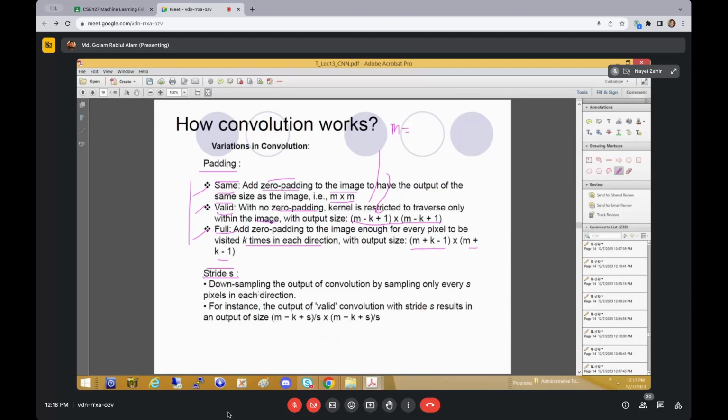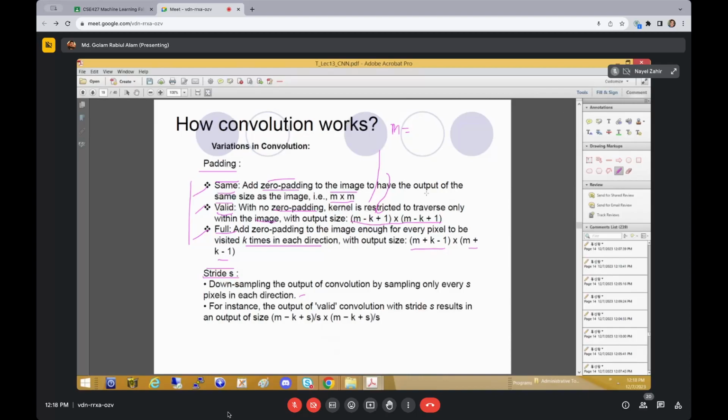The stride is downsampling of the output convolution by sampling only every s pixels in each direction. If we consider a different stride, like stride 2, that means it will shift 2 steps, both right shifting and down shifting.